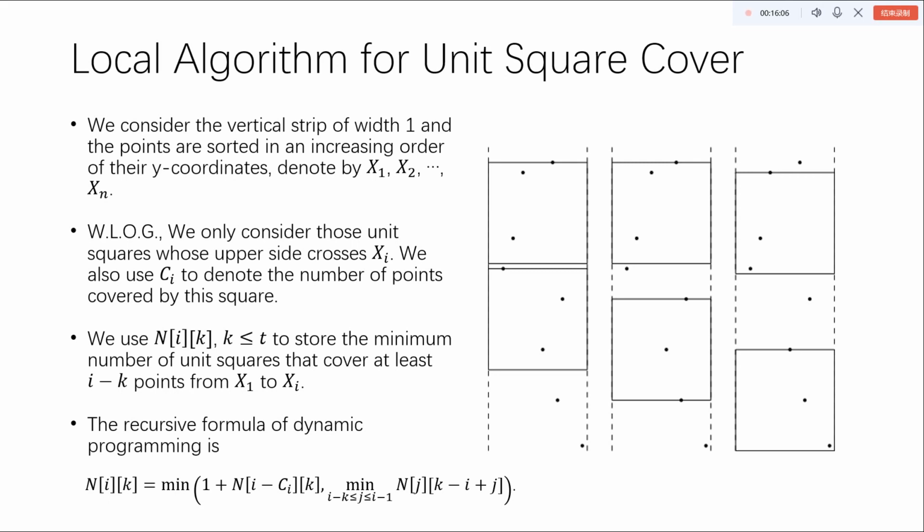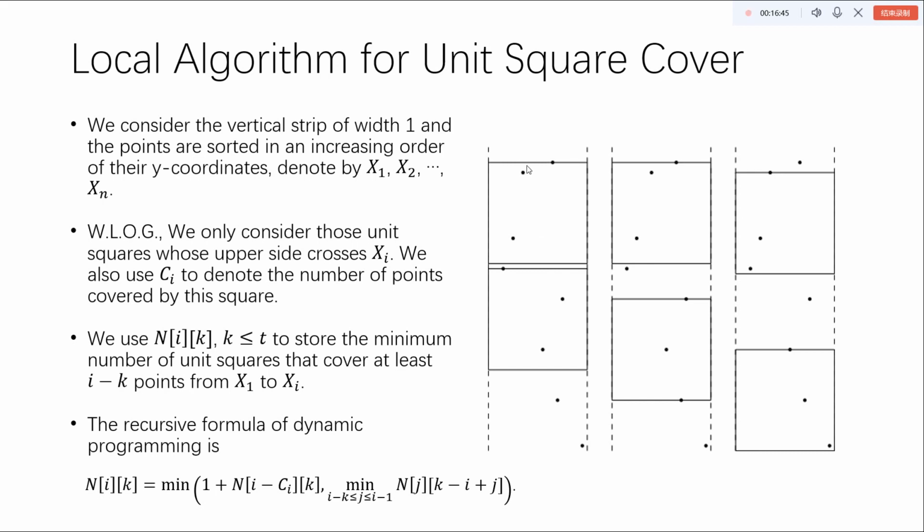For example, we consider the unit square cover for the points lying in a vertical strip whose width is 1, and the number of outliers to be detected is 2. As shown in the right figure, the first square can be here or here. For such cases, it doesn't exclude any points from the first square selection.